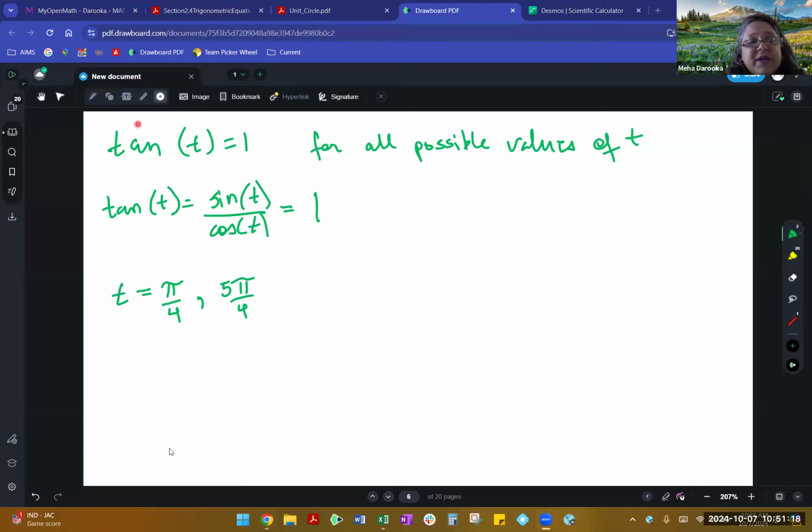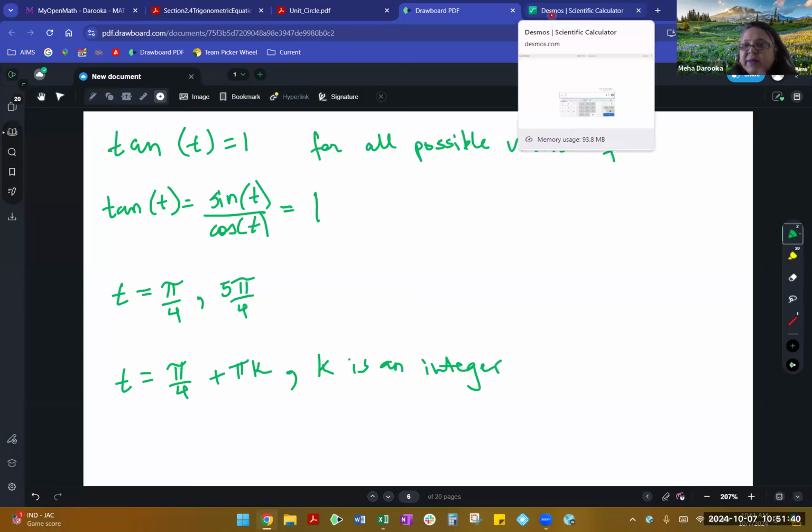Yeah, very nice. The period of a tangent function is pi. So when you just look at the value of pi over 4 with that period of pi times k, where of course k is an integer, it automatically takes care of 5 pi over 4 when we do the multiples, right?